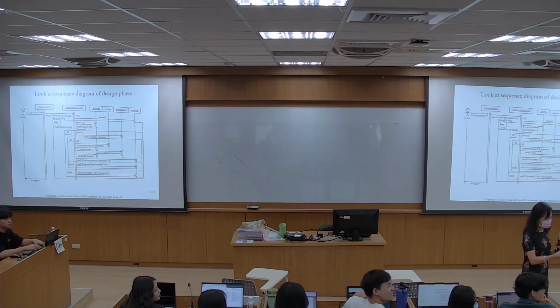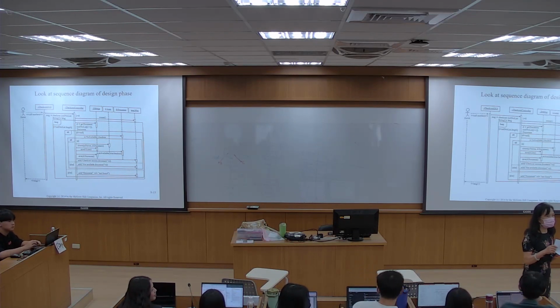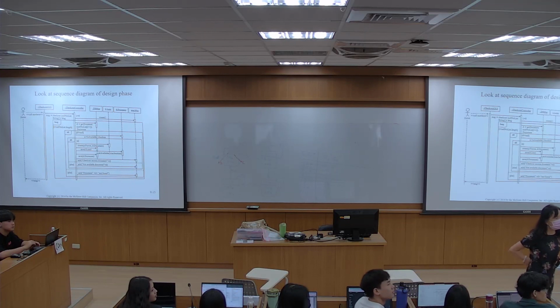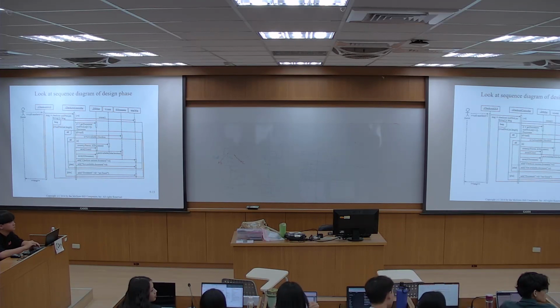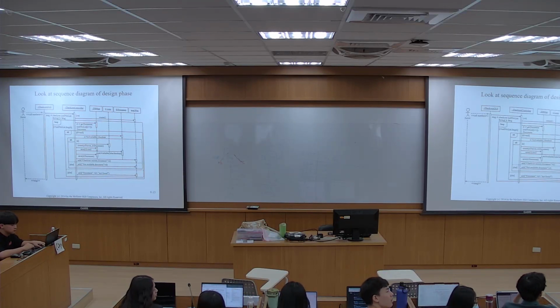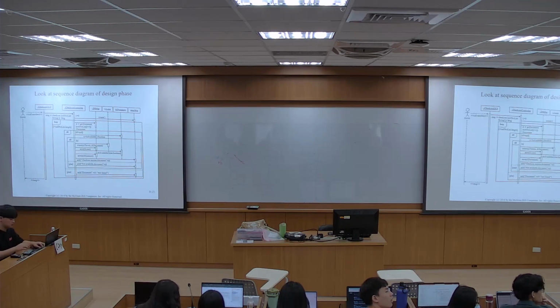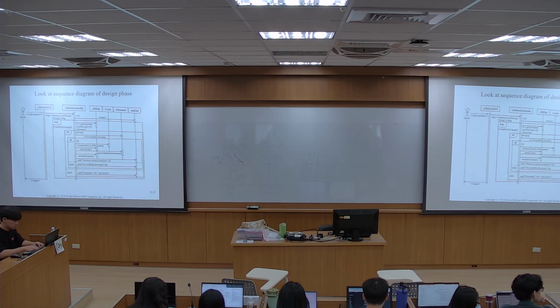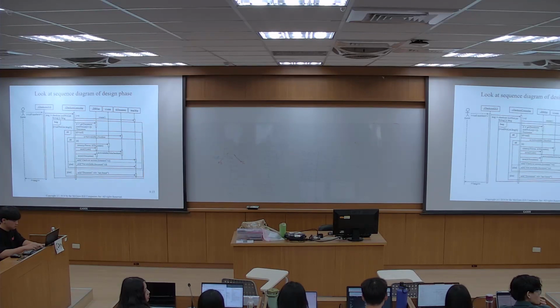I think the controller is more important because the GUI is like you press a button and the button will execute the controller method. The method of the system is on the controller, not on the GUI. The GUI is just a trigger or an event to trigger the controller method.